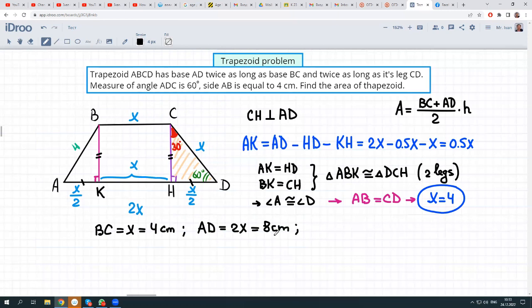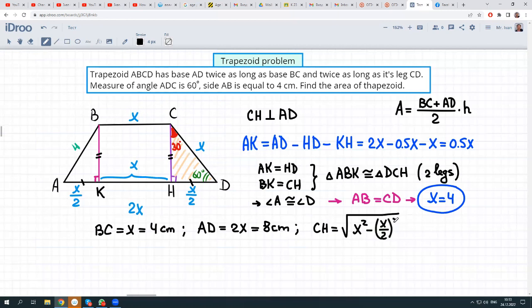And if we solve it by the Pythagorean theorem, if we do not know yet about sines and cosines, we can state that CH by the Pythagorean theorem is equal to the square root of the difference: the square of the hypotenuse, x squared, minus the square of leg HD, x over 2 squared.